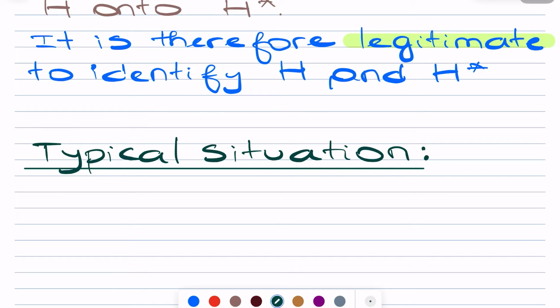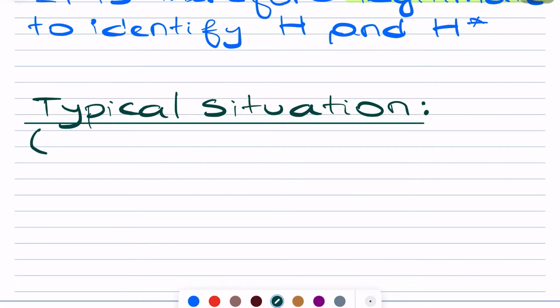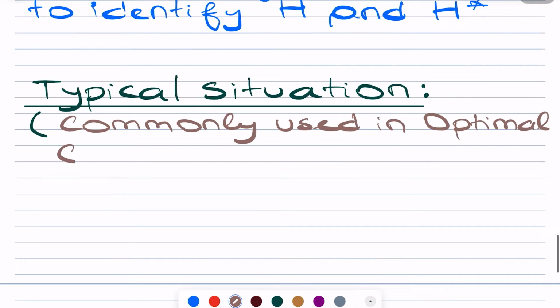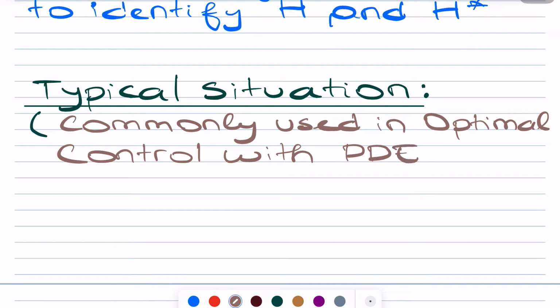Okay, let me just precise. This is commonly used in optimal control with partial differential equations.